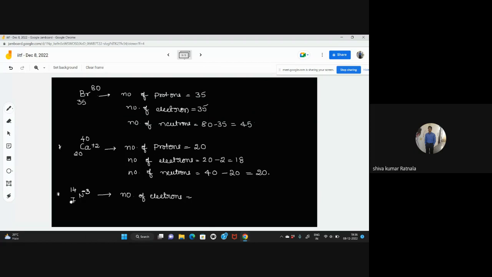The number of protons will be 7, since the number of protons does not change in the negative ion. The number of neutrons is 14 minus 7, that will be 7.